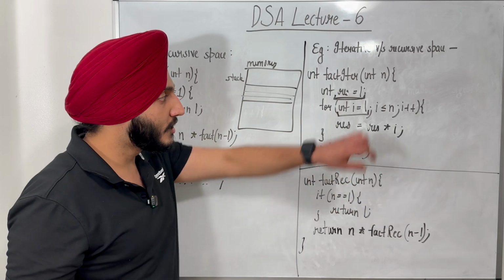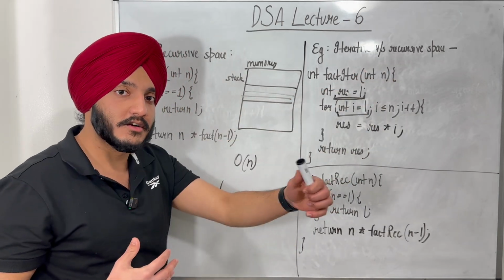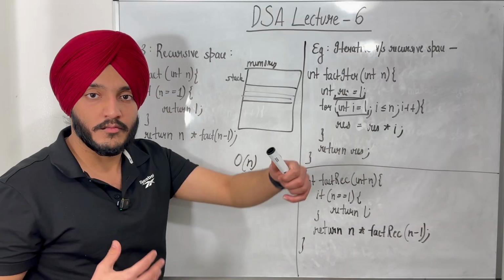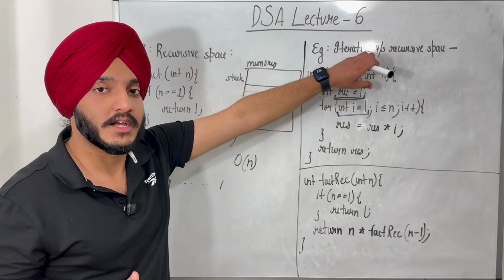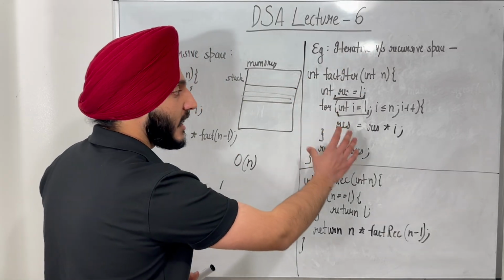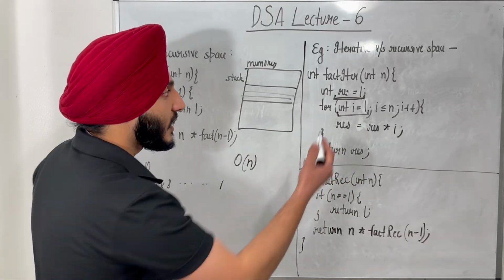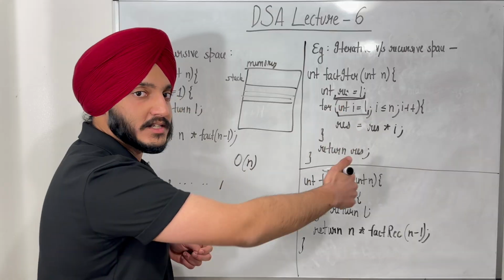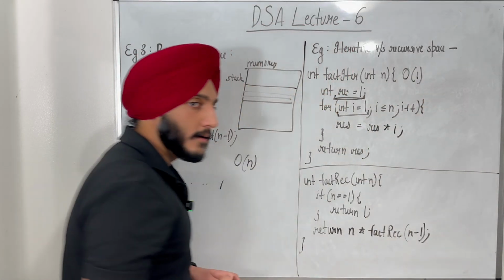But remember, they don't depend on the value n over here. Doesn't matter if n is 500, 600, 700, or 1,000 or a million. The result and the int i value don't depend on this n value. That's the important point to understand. I have not really created any array. I have not dynamically allocated memory. So the space complexity for this function would be order of 1.